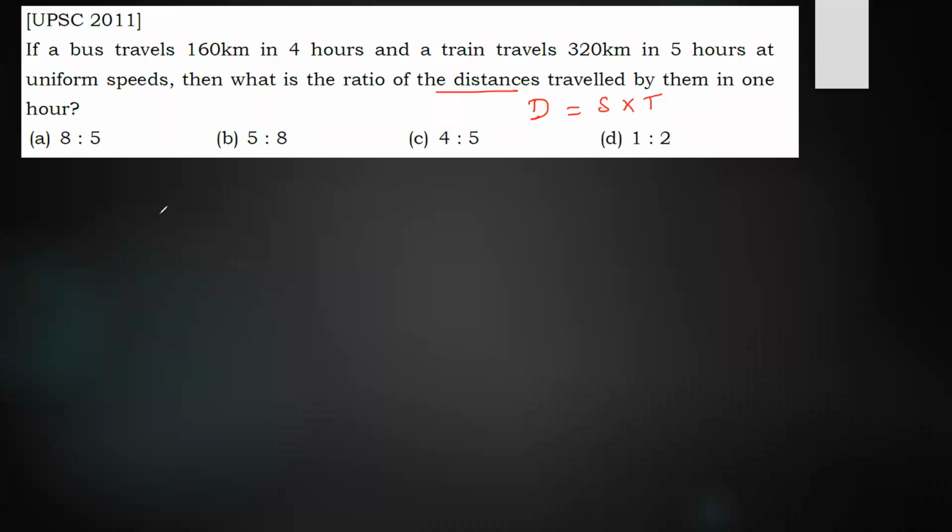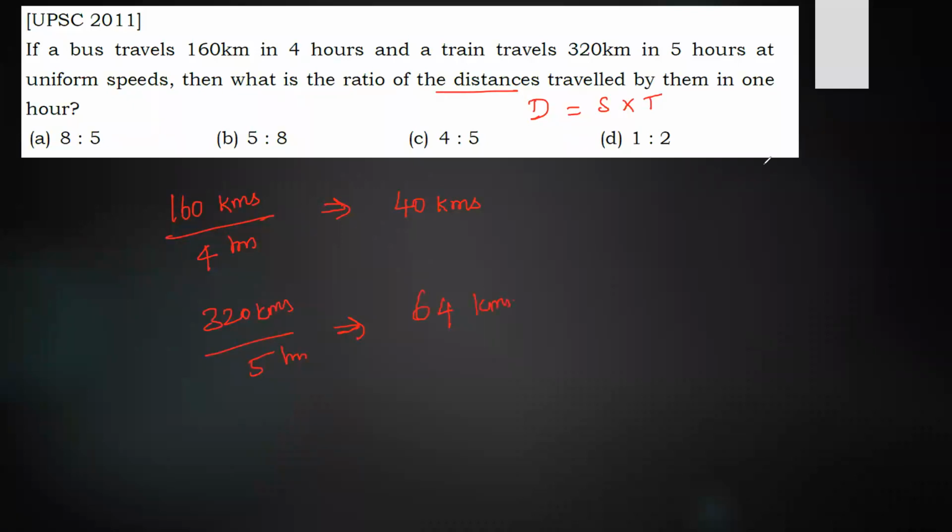Very easy, right? What is the ratio of distance? The question is to find the distance, that's all. Distance equals speed into time. So 160 km in 4 hours, right? The question is for 1 hour. So first one, 160 km in 4 hours. Therefore, for 1 hour, 40 kilometers, right?